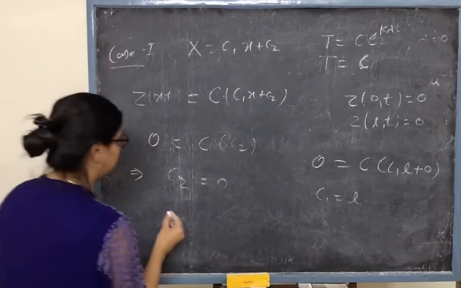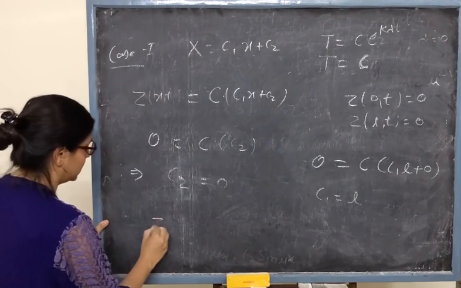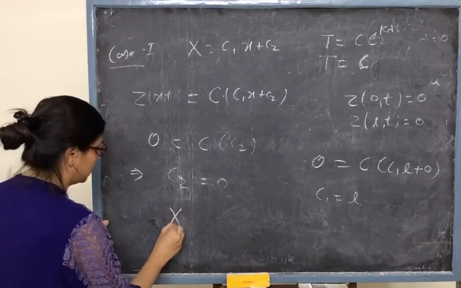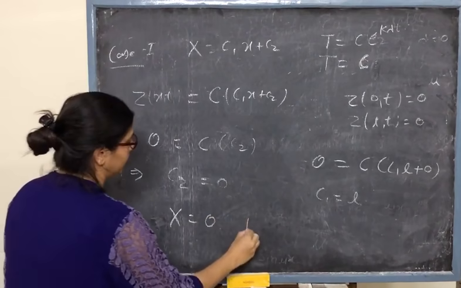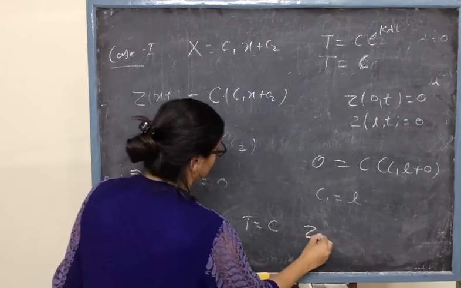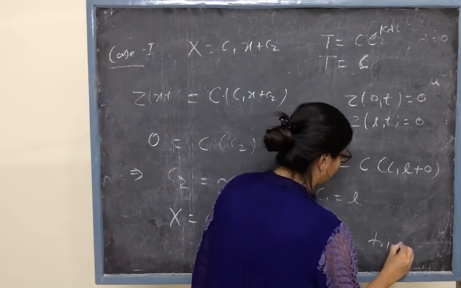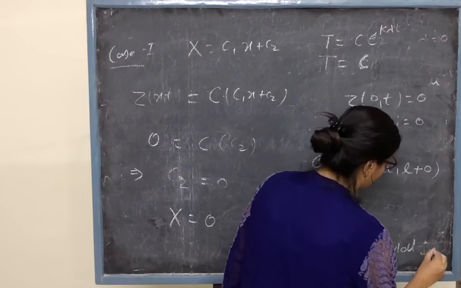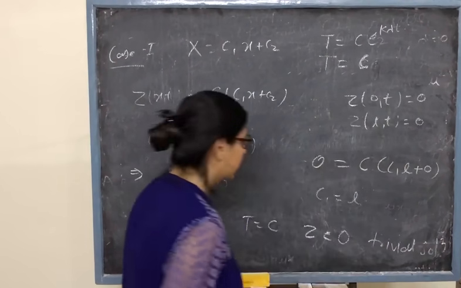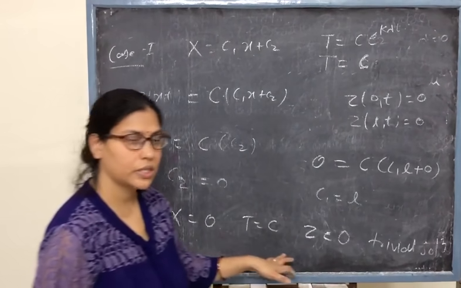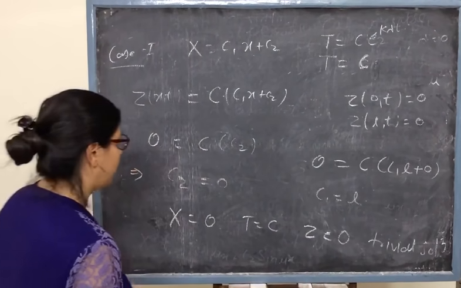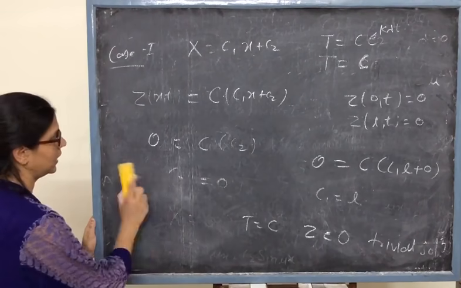So what is our solution? X equals 0 and t equals c, so z equals 0, which is a trivial solution. It is called a trivial solution when the values are of this type.